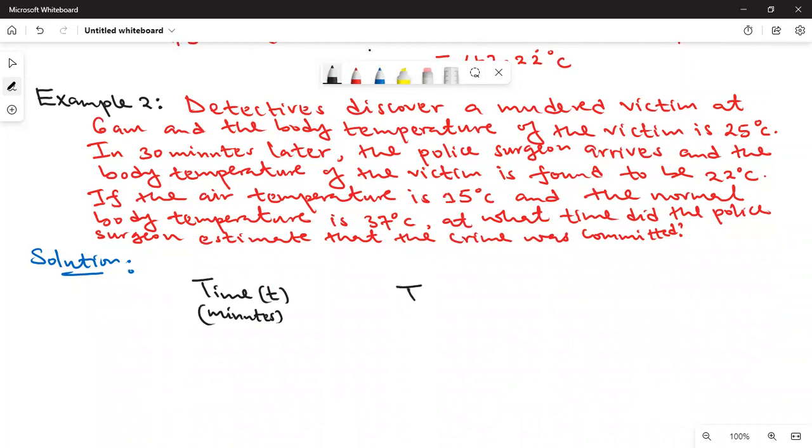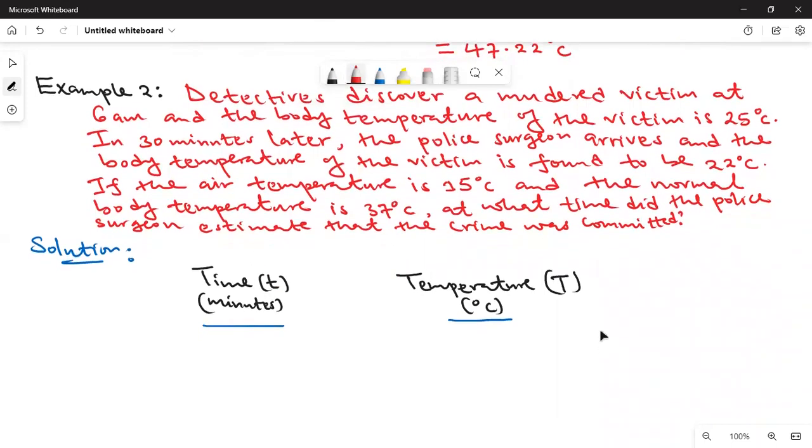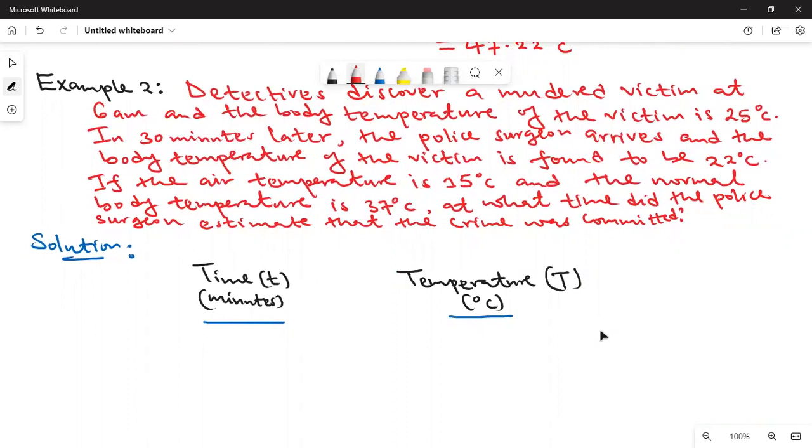Then we also have a column for temperature, T capital, that is in degrees centigrade. Now, what are we told? Look at the statement. This victim was discovered at 6 a.m. and the body temperature of the victim is 25 degrees centigrade.